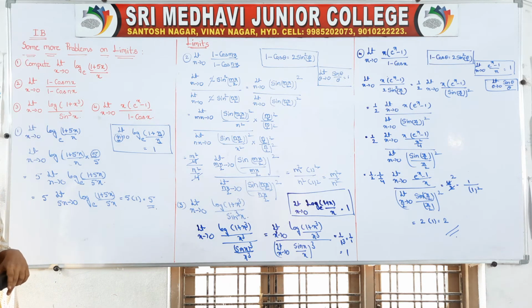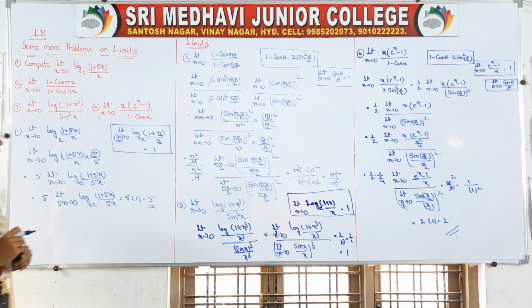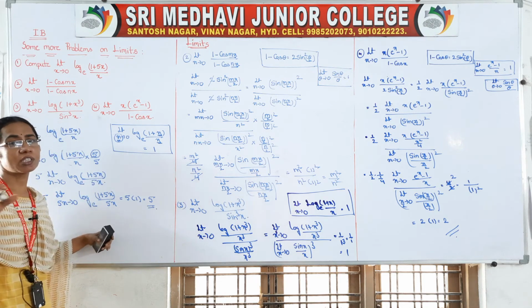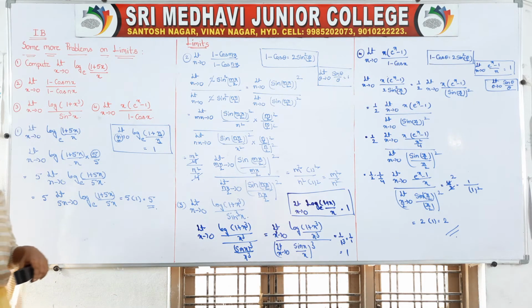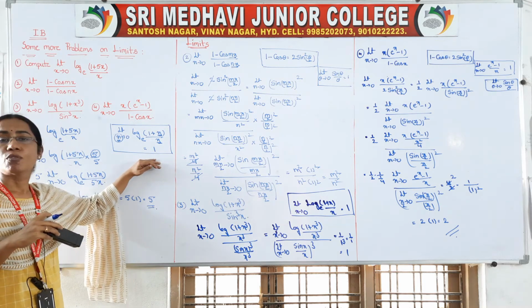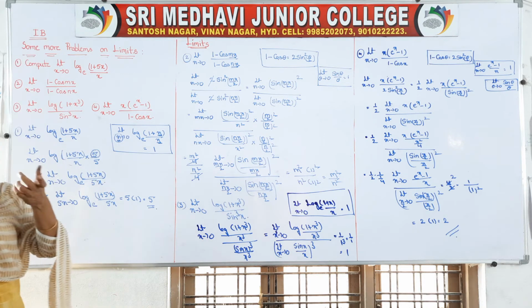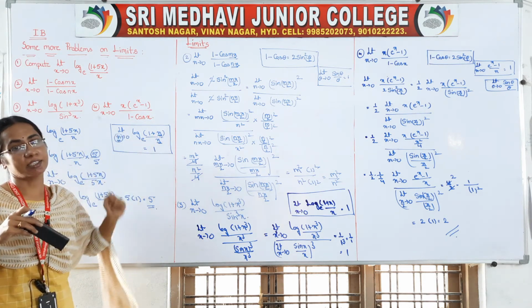Understand that the base will be e only for log values. In this formula, wherever x is there, instead of x you can have any value. Formulas will be given in general form. That means instead of x we can have 2x, 5x, like that.